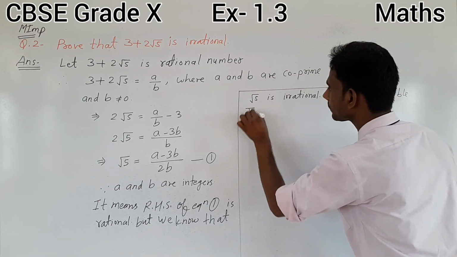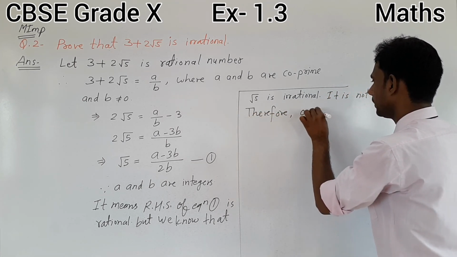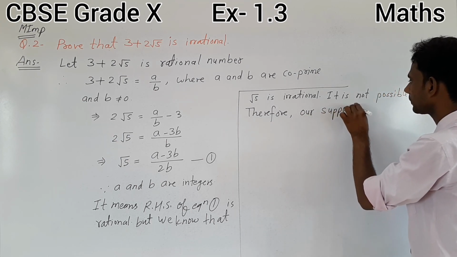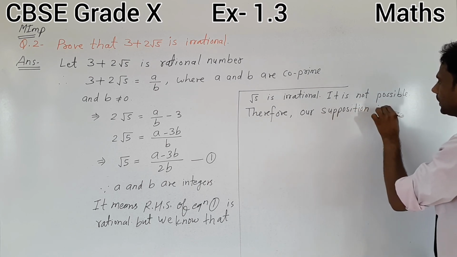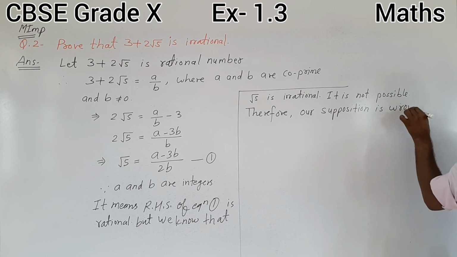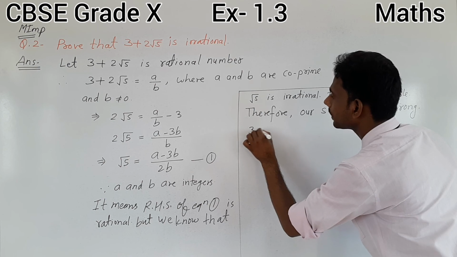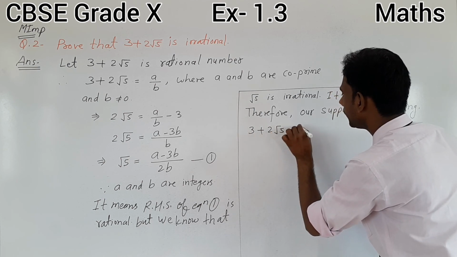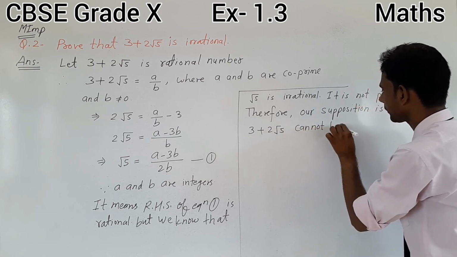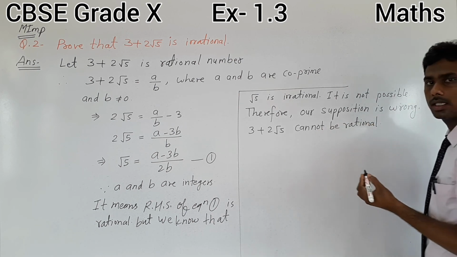Therefore our supposition is wrong. Means 3 plus 2 root 5 cannot be rational, which is a contradiction.